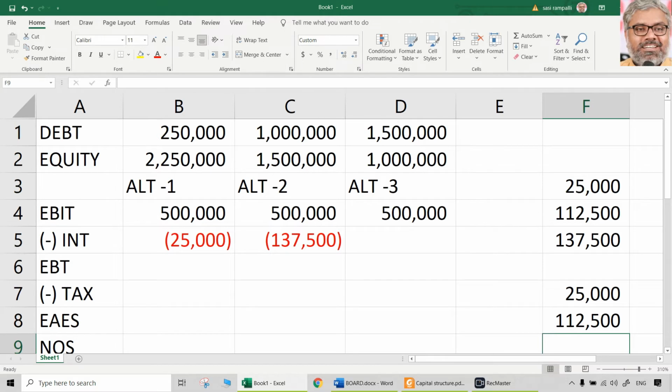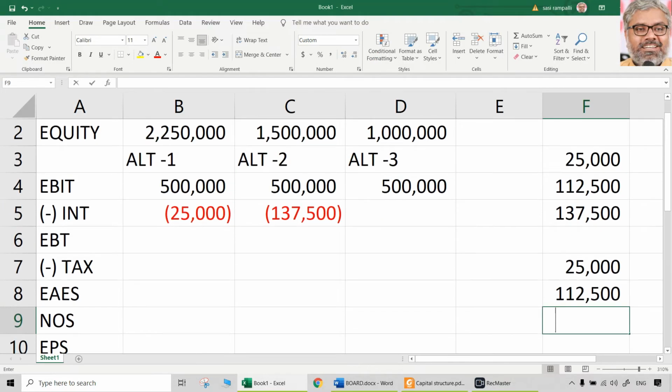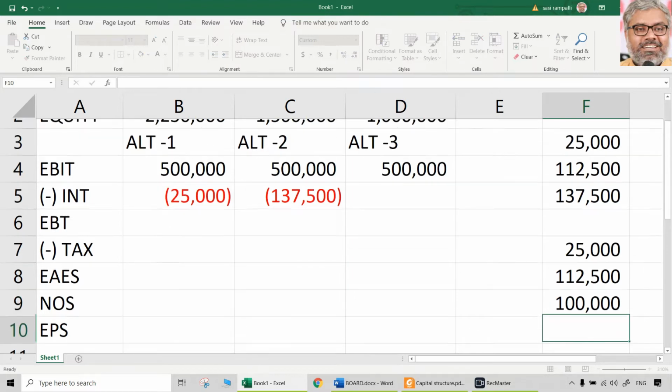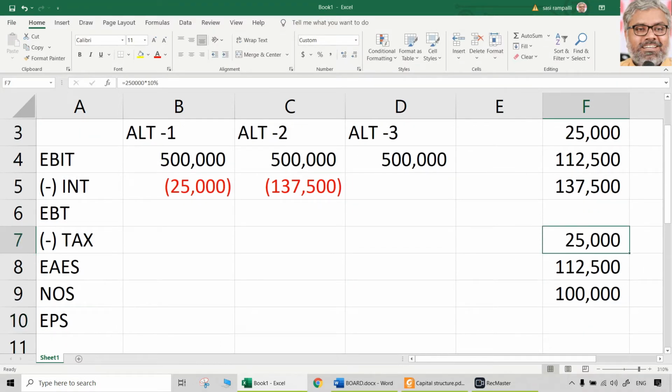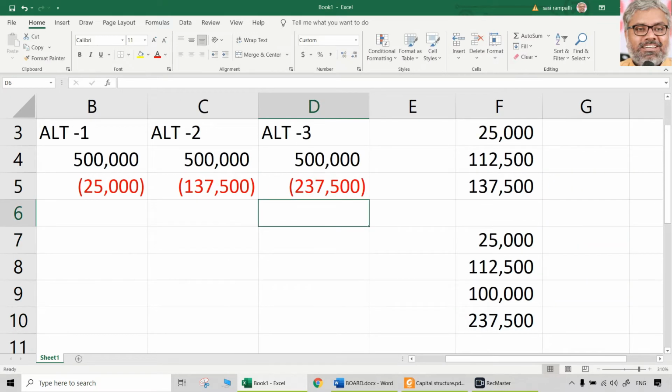Beyond the 10 lakhs here, 5 lakhs is required. On that, how much rate of interest will be applicable? Over and above 10 lakhs, 20% rate of interest is applicable. In this case, 5 lakhs. On 5 lakhs, 20% rate of interest will be applicable. That means 1 lakh. Now, what is the total of all these three? This is a separate working note. 2,37,500. That will be the interest in alternate 3.